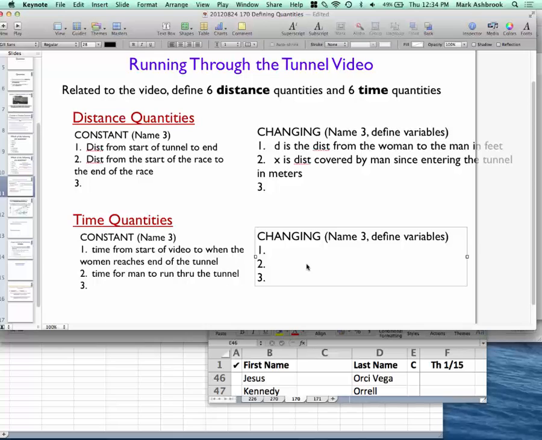Okay, changing time quantities. These are maybe the most tricky. So where is Alexandra Cohen? Okay, how about a changing time quantity? And we'll define a variable for it.